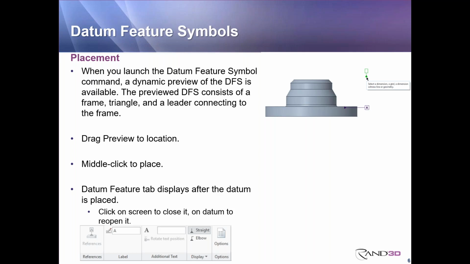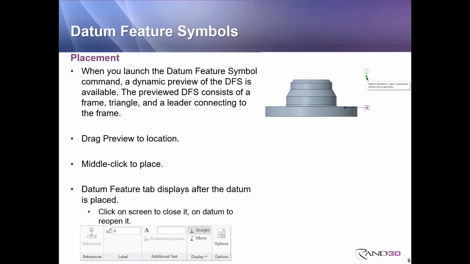A diameter dimension can also be selected either by the elbow or dimension line, as well as a geometric tolerance. The bottom image right there shows a screen area of the datum feature tab that displays after you've placed the datum. You can click on the screen to close the tab, and you can also click on the datum to relaunch the datum feature tab in the ribbon.